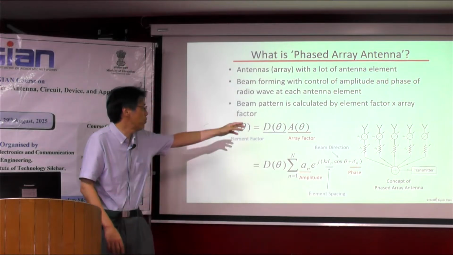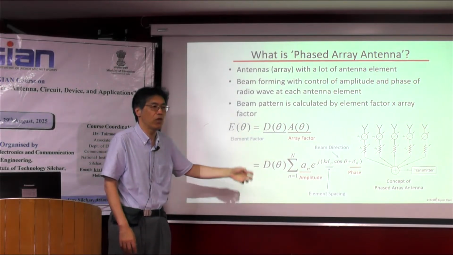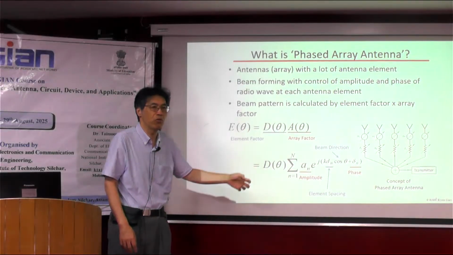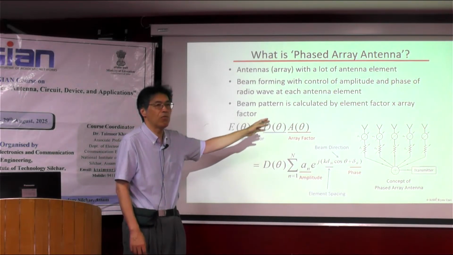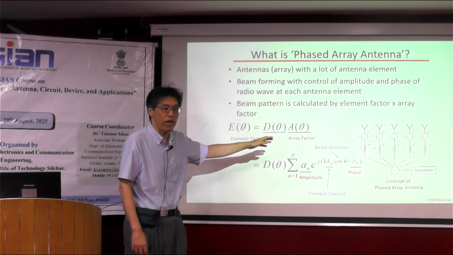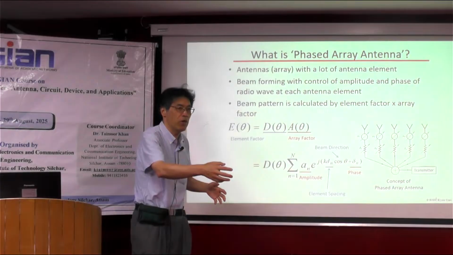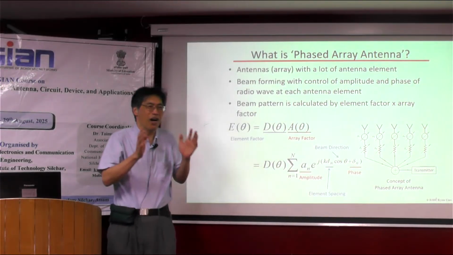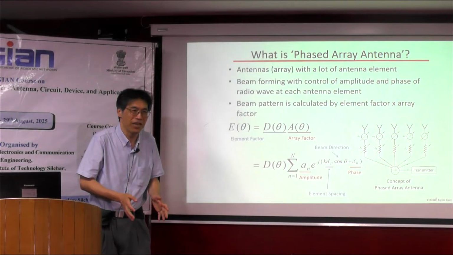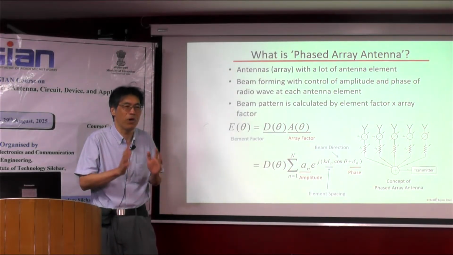Before the antenna, we control the amplitude and phase of each radio wave. As a result, at the antenna, there are some phase and amplitude differences. And after propagating the radio wave from the antenna, as I mentioned again and again, we cannot do anything, because Maxwell's equations are perfect.